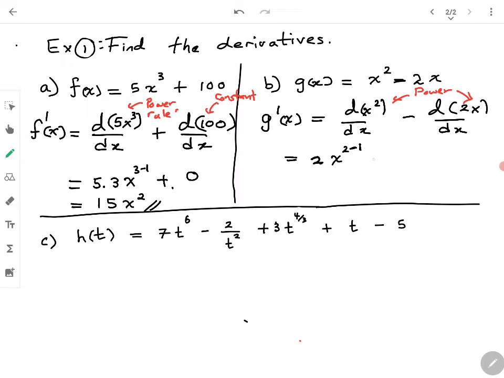Then 2x, so x means x to the 1. So here you bring 1 down, then subtract 1 from 1. Then simplify this, you get 2x. And here you have x to the 0, which is 1. So minus 2. So that's how you do this second example. That's an example of the difference rule. The first one was an example of the sum rule.